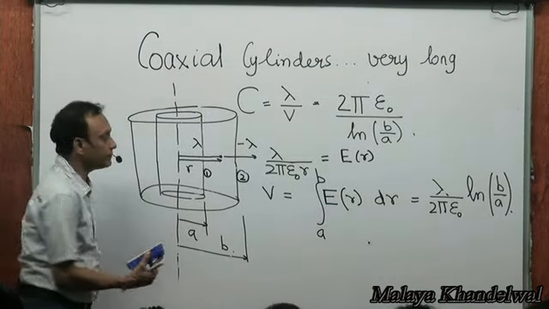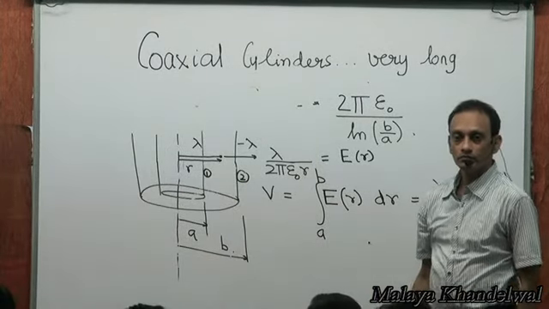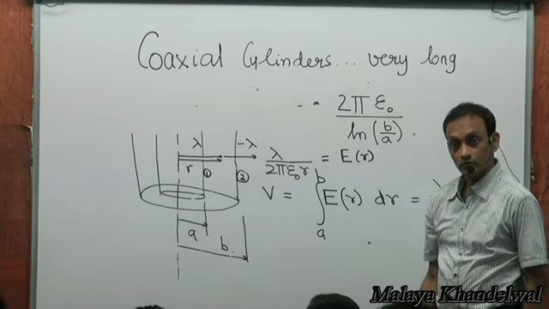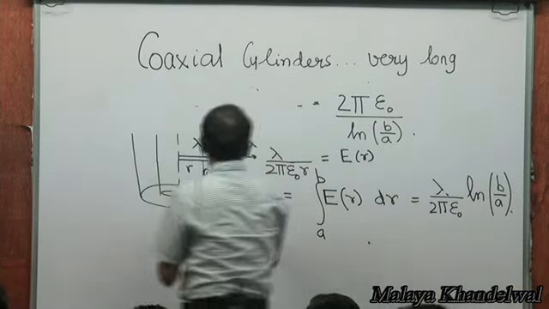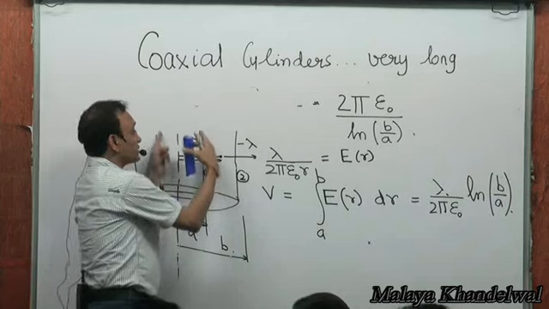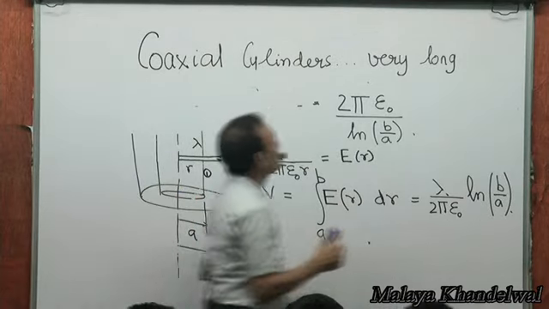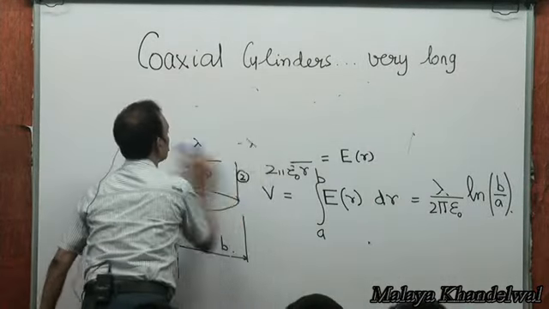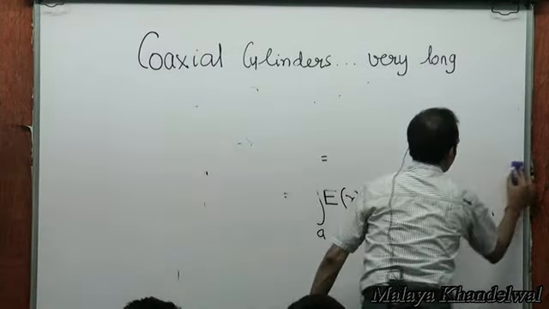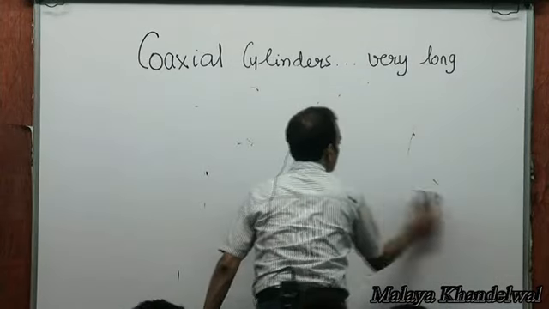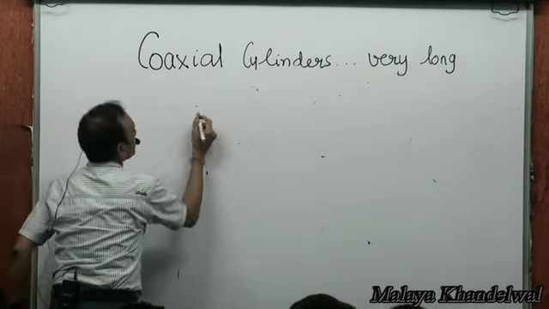Can I wipe this off? Now, Gauss's law. The electric field at this point will be created only by this, isn't it? I have done this calculation for you in the past, but let me quickly do it one more time: the computation of the electric field.